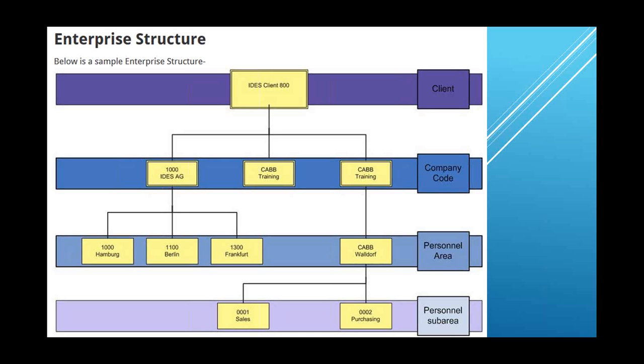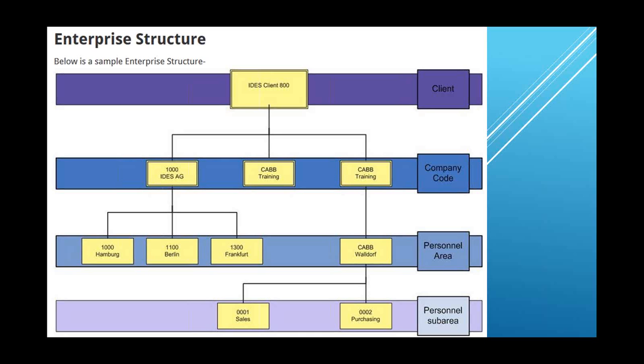And then the subdivision of that is the personal area. It could be a physical location where the company is located, and you use that as a reference point for your authorization check, your reporting, your time management, and various other things. And the subdivision of personal area is the personal sub area.